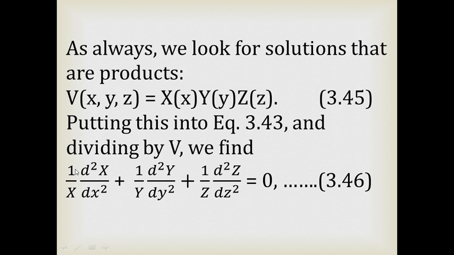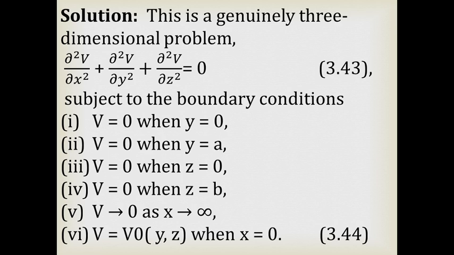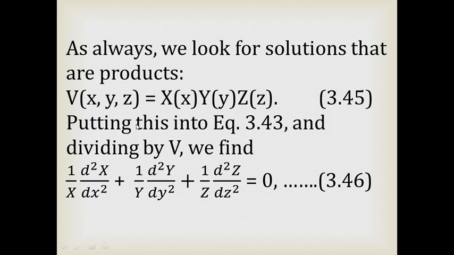So 1 upon capital X d square capital X upon dx square plus 1 upon capital Y d square capital Y upon dy square plus 1 upon capital Z d square capital Z upon dz square is equal to 0. So we have converted the partial differential equation into second order ordinary differential equations, and each term depends upon one variable only. That's why it becomes an ordinary differential equation.